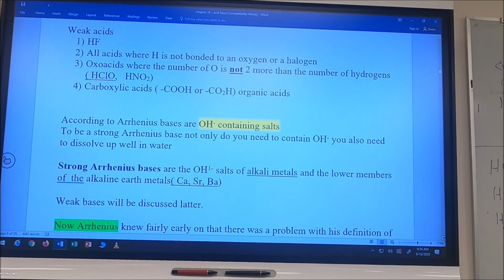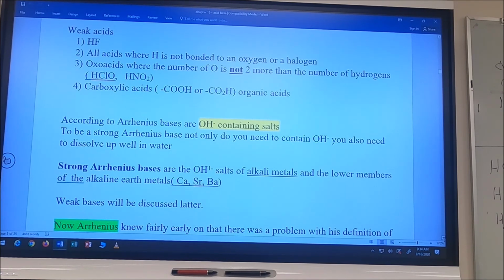Now, according to Arrhenius, a base is a hydroxide ion containing salt. So a strong base under the Arrhenius definition has to contain the hydroxide ion and has to dissolve well in water. So remember that we're dealing with a salt.